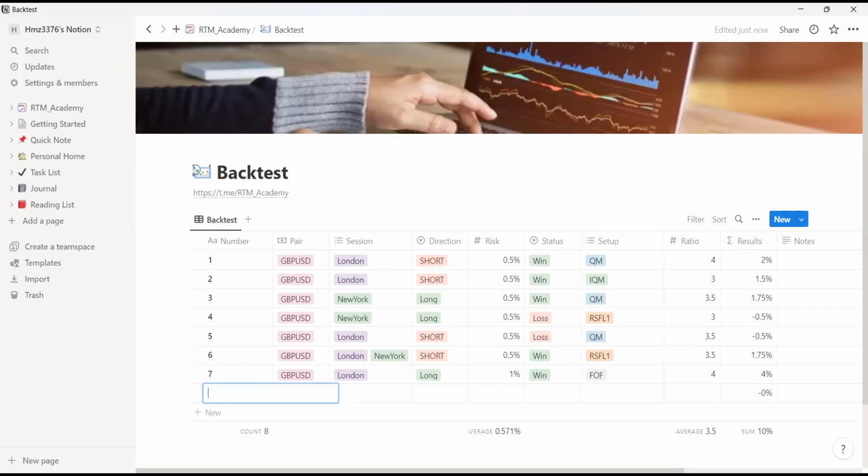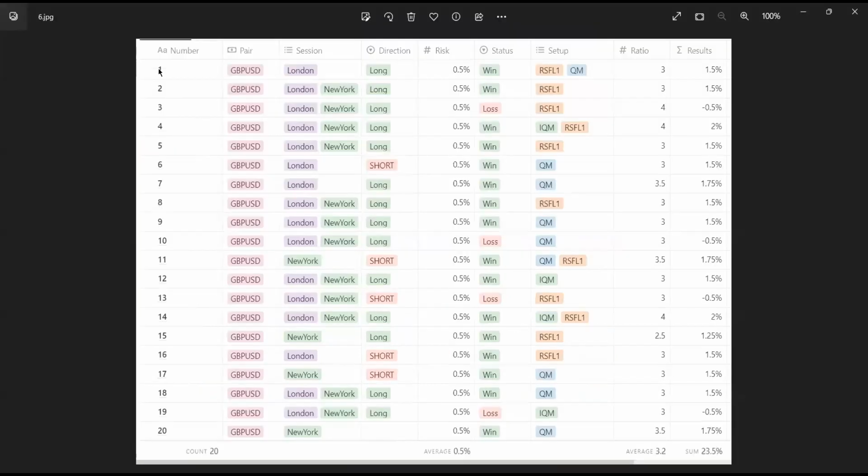Let me show you something here in Notion, something like this. You should have 20 backtests, in boxes of 20: the first 20, the second 20, and the third 20.